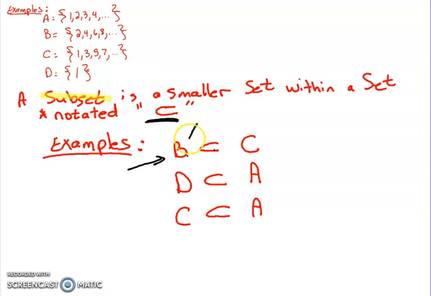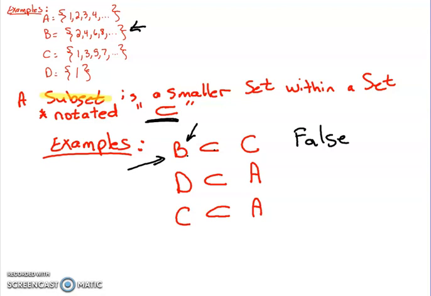B is a subset of C means the elements of B. Think of all the elements of B, and then think of the elements of C. Are these numbers inside of the set C? Well, that's a false statement. I wanted to throw in a false statement so you understand that just because I write it here, it's not necessarily true.